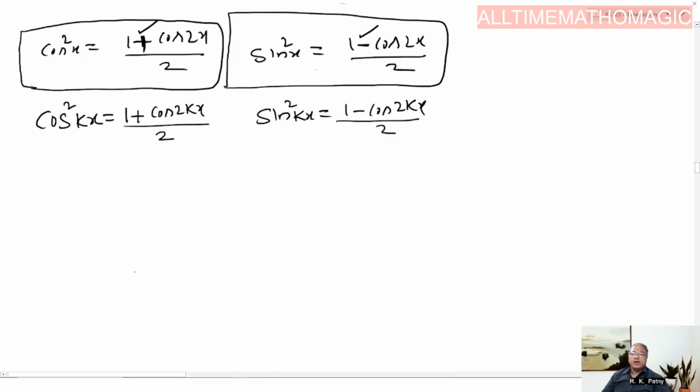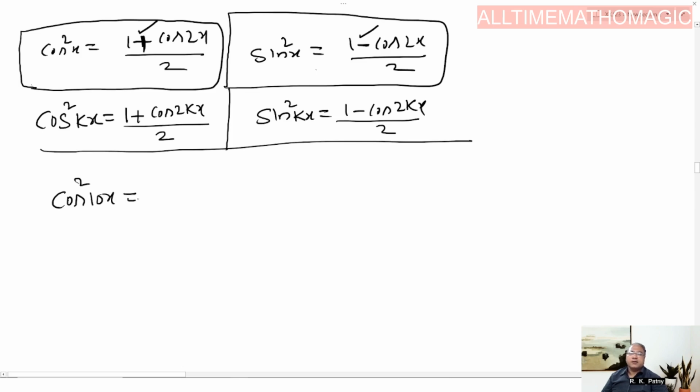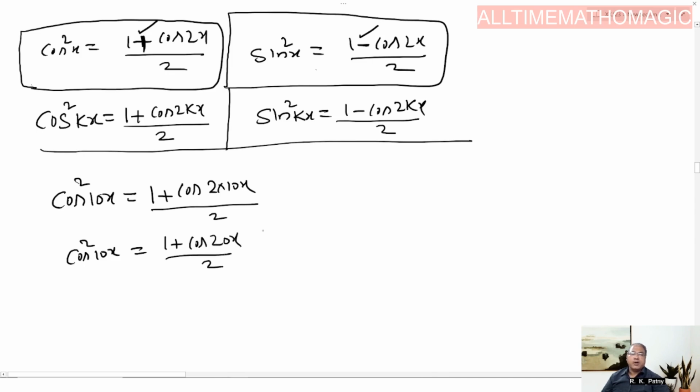This way, cos square and sin square can be converted to an easy trigonometry form. For example, suppose cos square 10x is there. What is the k value? K value is 10. So cos square 10x equals 1 plus cos 2 into 10x upon 2, that is cos square 10x equals 1 plus cos 20x upon 2.